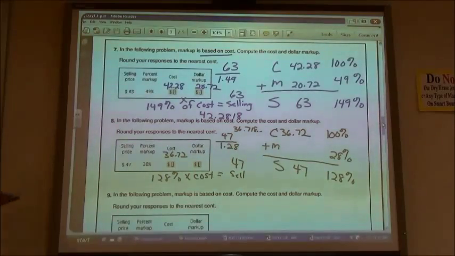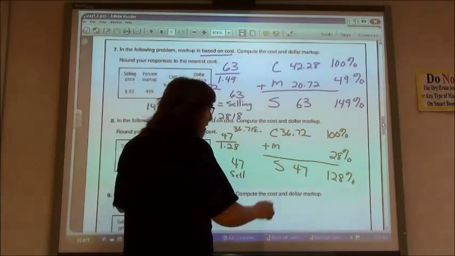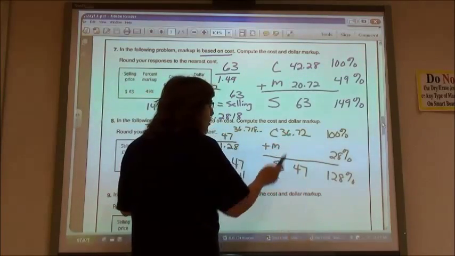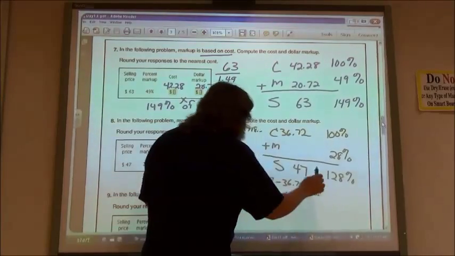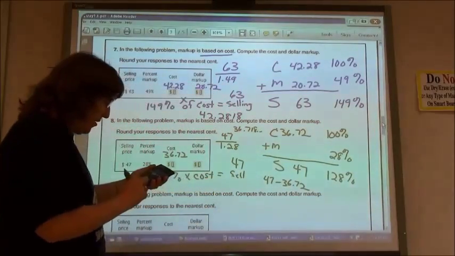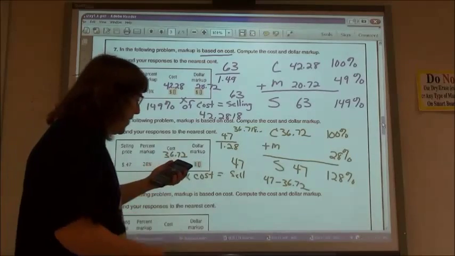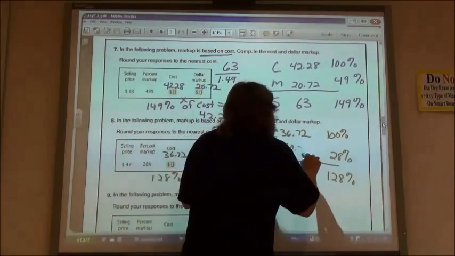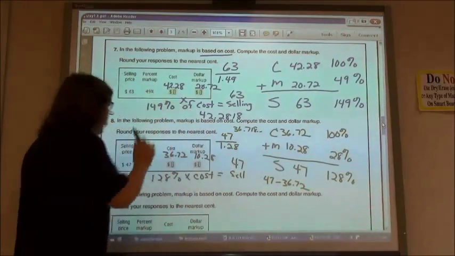I want to find the dollar amount of the markup. The easiest way to find the dollar amount of the markup is just to take the selling price and subtract my cost. So if I take 47 minus 36.72, that gives me $10.28.